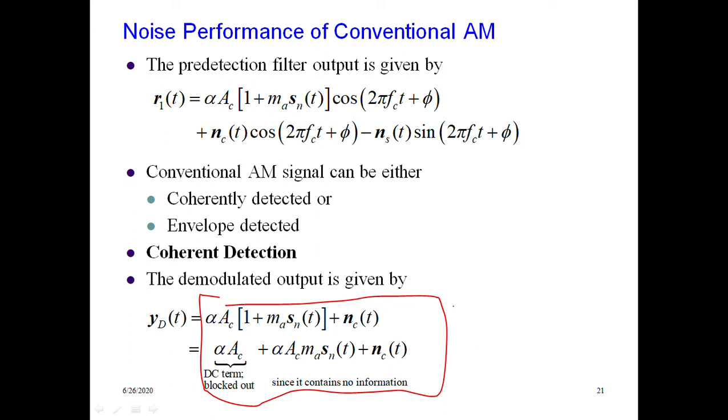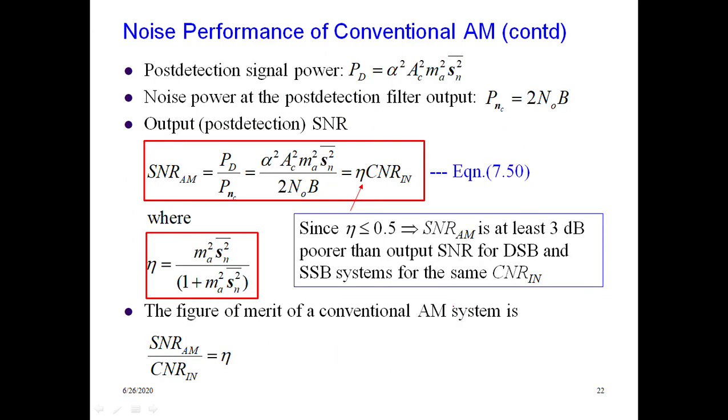Then we get this equation as the final detected signal. So you just have to divide this one by 2N0 B. For conventional AM, we have two sides, so we consider this 2N0 B.